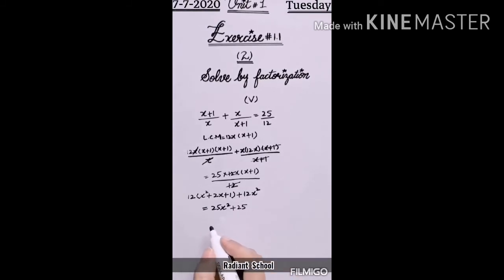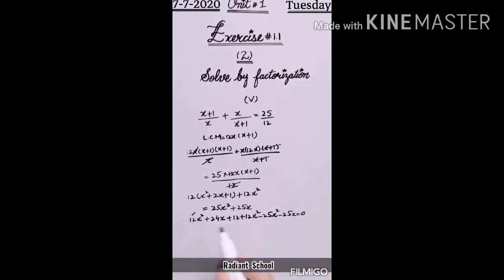Now we will shift all the constants to one side, and 12 we will multiply inside: 24x plus 12 plus 12x square minus 25x square minus 25 is equal to 0. Okay students, here it was 25x, when multiplied with 1 it will be 25x, and when we shift this 25x to this side, it will be minus 25x.